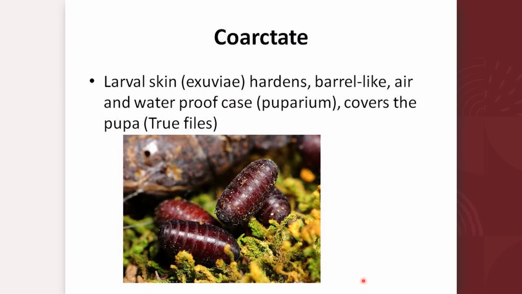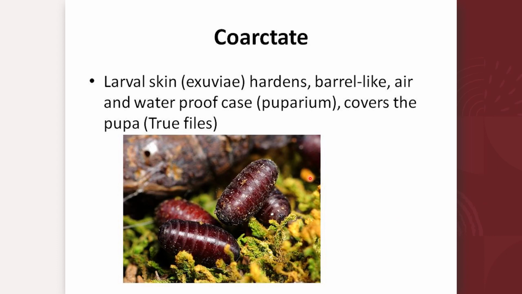We also have the coarctate pupa. So the pupal case in this type is barrel shaped, as shown in this figure. It is smooth with no apparent appendages. The last larval skin is changed into a case containing the exarate pupa. The hardened dark brown pupal case is called the puparium, and it is considered to be air and waterproof.